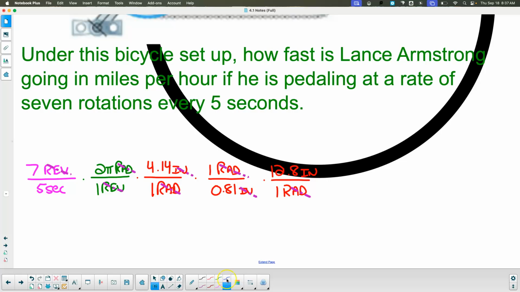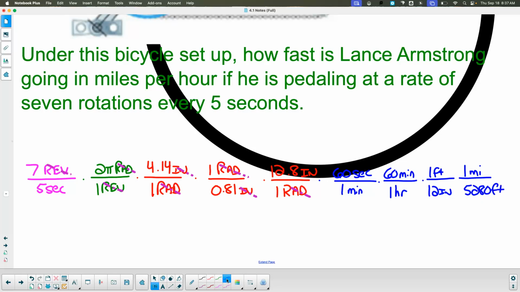So now I can change seconds to hours, and now I can change inches to miles.